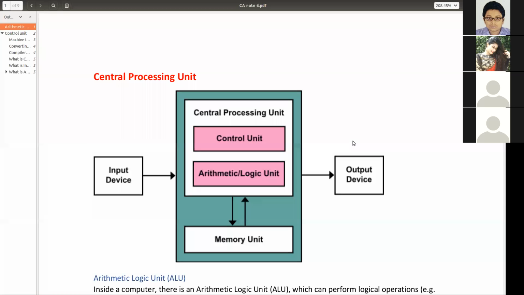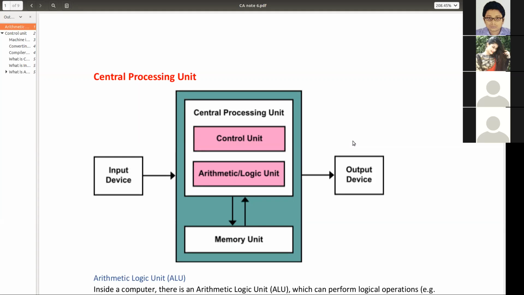One such memory unit is known as the accumulator. Though it will be a little bit technical, I will not go into that detail, but the accumulator is the CPU's own memory.